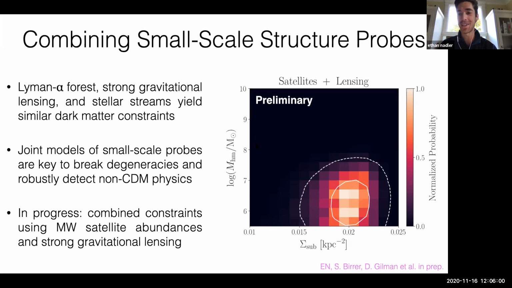The satellites effectively measure the subhalo mass function at redshift 0, which is a different thing than the halo populations being measured by strong lensing. If the dark matter physics manifests in different ways in those different probes, that's the way to break degeneracies and actually detect something. So I think about it less as a competition and more as a way to learn the phenomenology of the dark matter model.